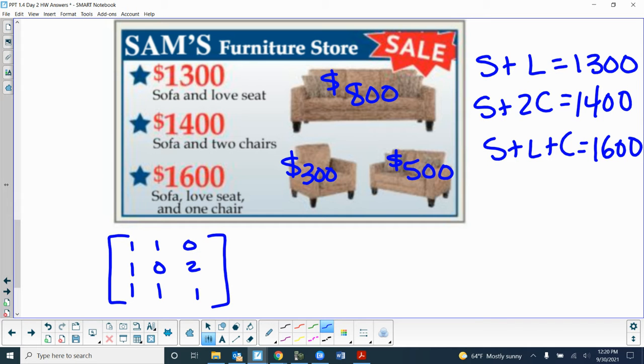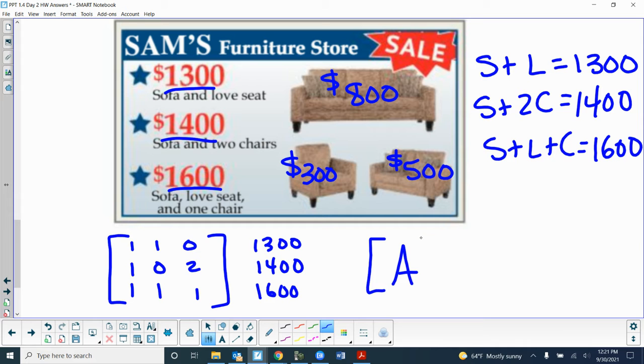You guys all okay with that? Make sure everything's lined up. Then your B matrix is these 3 numbers: 1,300, 1,400, and 1,600. Do we remember that we're putting in A inverse B?